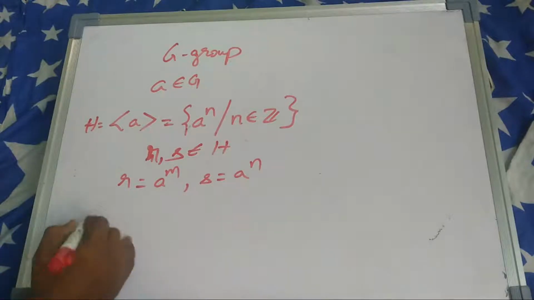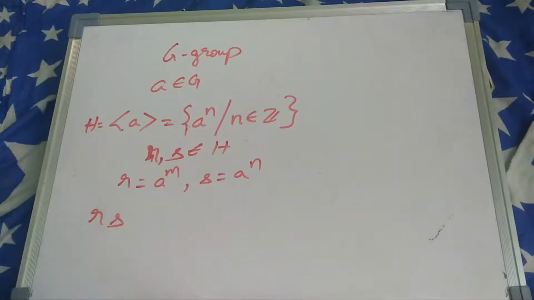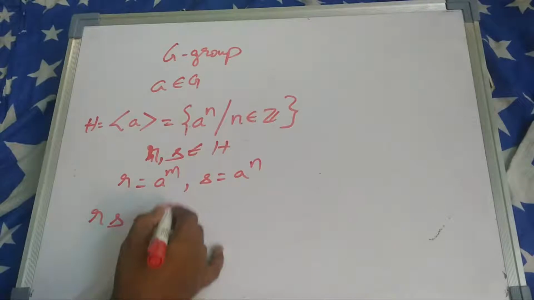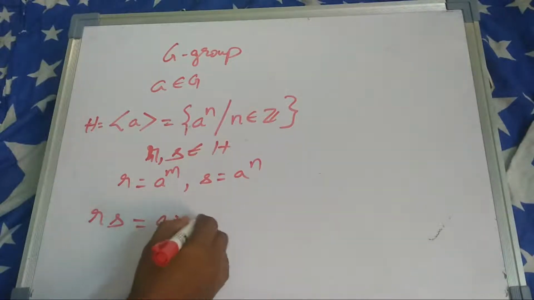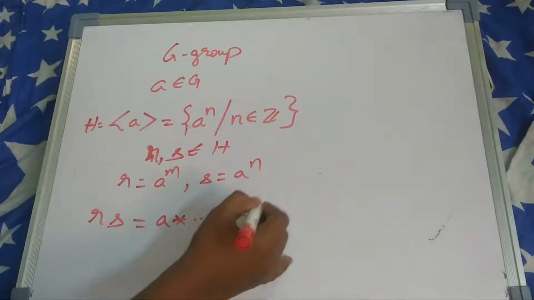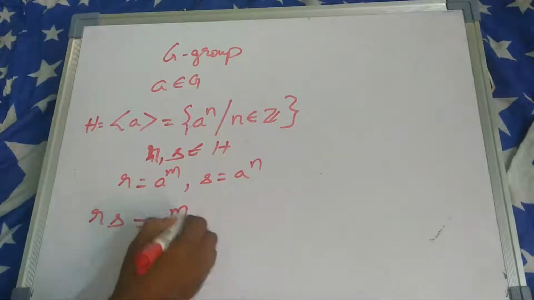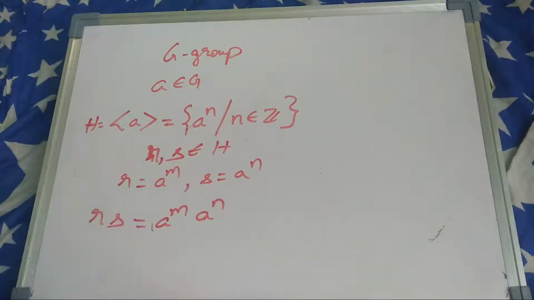Now rs, whether it will be in H. Now rs is going to be a star etc. a m times. So maybe I should not write this way because m can be even negative. So a power m, a power n. Whether m is negative or positive, this is going to turn out to be a power m plus n.